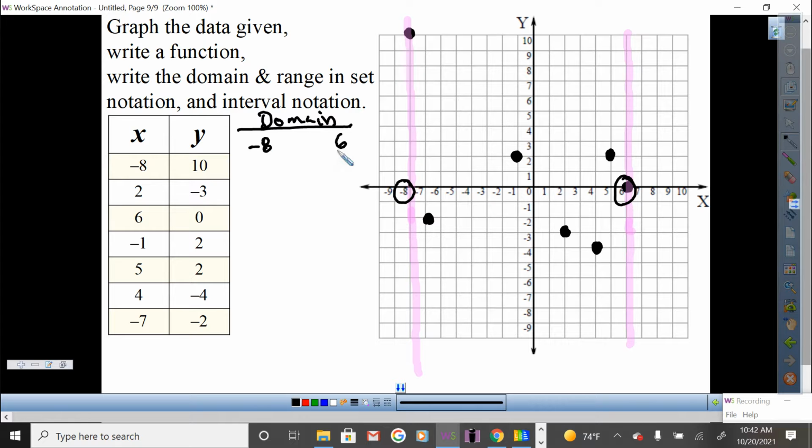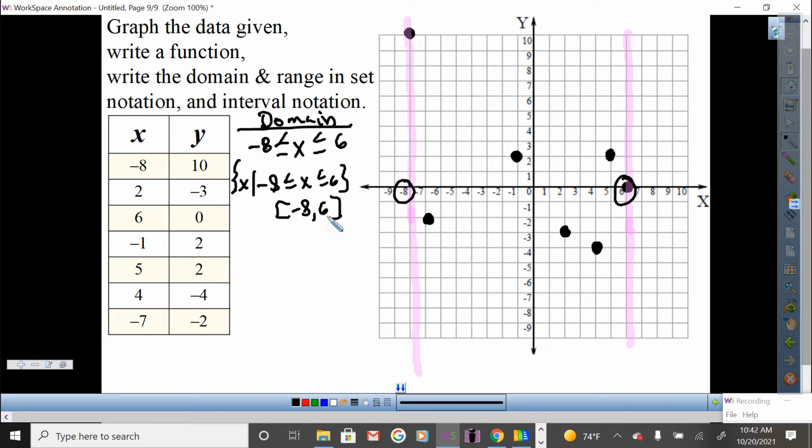Hands up if you got that. X in between, less than or equal to, less than or equal to. Solution set of x such that -8 less than or equal to x less than or equal to 6. And interval notation, bracket, -8, comma 6, and bracket. Hands up if you got that by yourself.